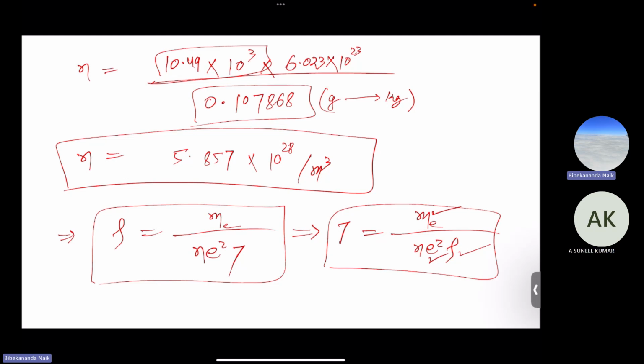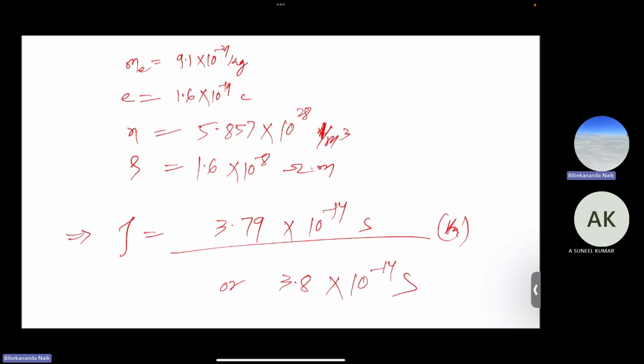In the question it is also mentioned to consider only one electron per silver atom contributing to electrical conduction. But if the question had given that two electrons contribute, then we would multiply by 2 here to get the number density of electrons. Then the relaxation time will be half.